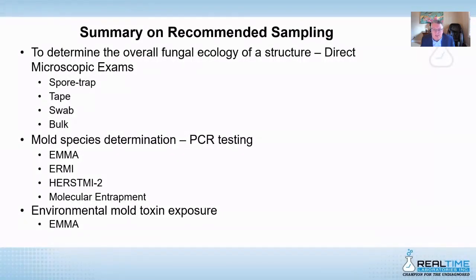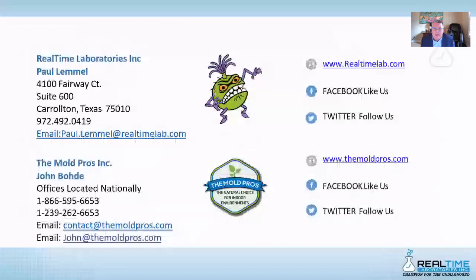So we use a combination of things: direct microscopic exams to understand what the fungal ecology is, and then we'll supplement that with PCR testing. And of all the tests that are available, the one that we use most commonly is going to be the EMA, because it tells us toxigenic, pathogenic species, as well as what's going on from a mycotoxin standpoint. So that gives us a really good overview.